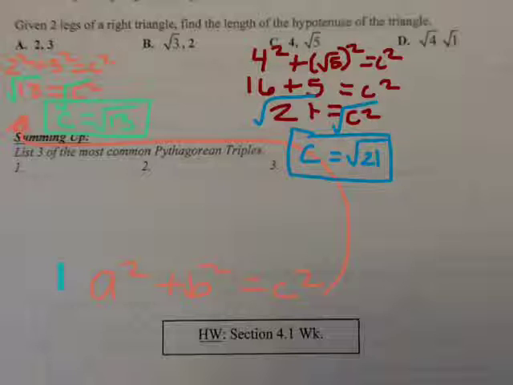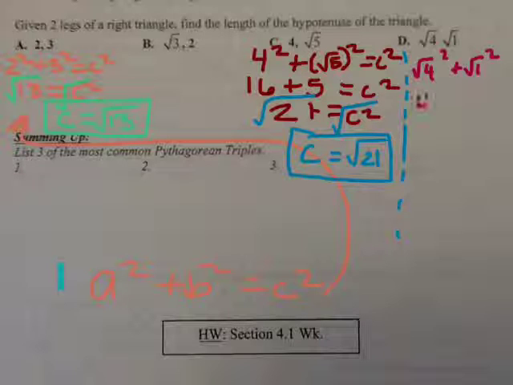And again, D is the same way. You're just squaring a square root. So if you have radical 4 squared plus radical 1 squared, it gets rid of the square root, so you're just left with 4 plus 1 is equal to c squared. 4 plus 1 is 5.